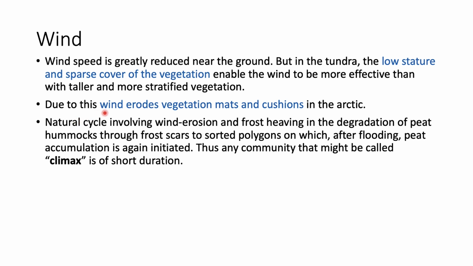Due to this, the wind erodes vegetation mats and cushions in the Arctic. The natural cycle involves wind erosion and frost heaving in the degradation of peat hummocks through frost scars to sorted polygons, on which, after flooding, peat accumulation is again initiated. Any community that might be called climax is therefore of short duration.